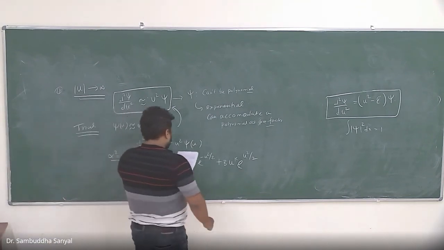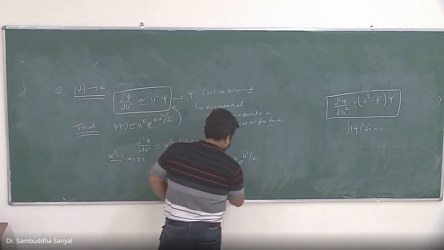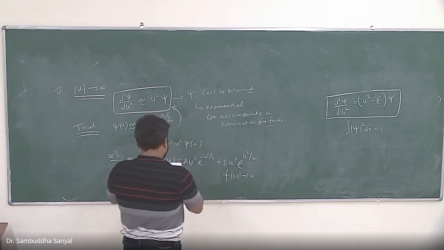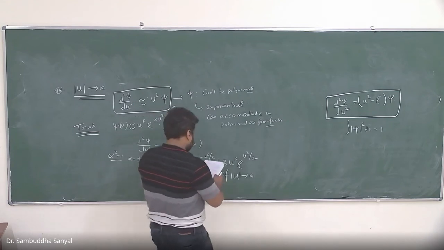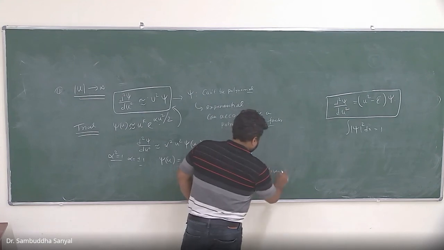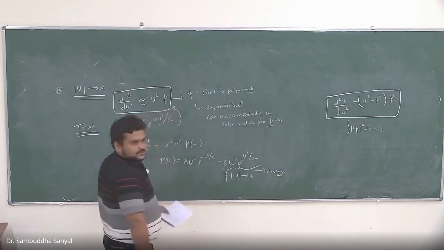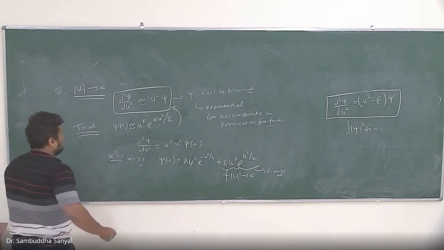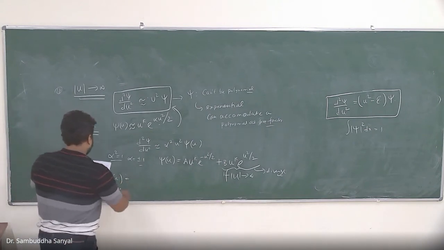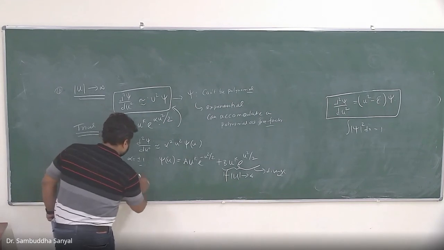Now, if u goes to infinity, then this part will diverge. So I don't want this part either. What I want is a solution that is approximately of this form.